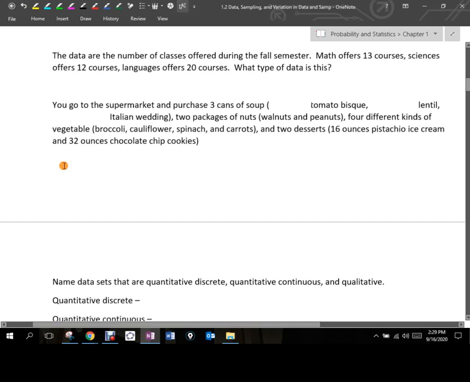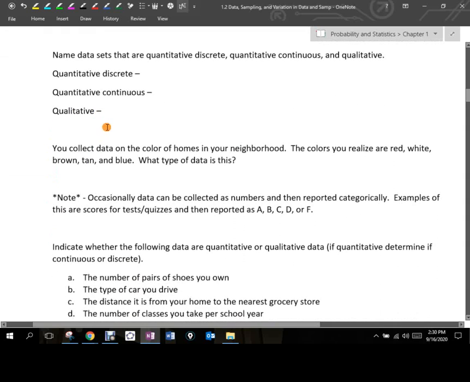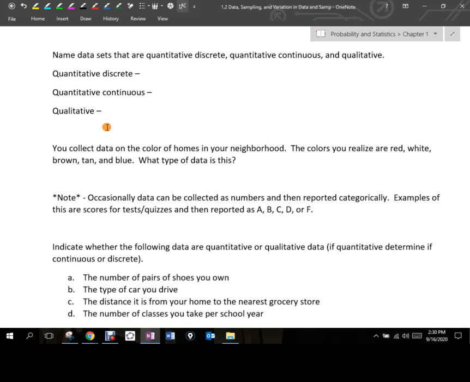If we're talking about, we'll skip this. I'll let you guys do this tomorrow. We'll just talk about some things that you have experienced in your life that you might recognize as a quantitative discrete piece of data. What would be a quantitative continuous, and then what would be qualitative? Okay, maybe surveys that you filled out, things that you've applied for. A lot of times it's licensures that you apply for, like through the state or through the federal government, that you fill out this data.